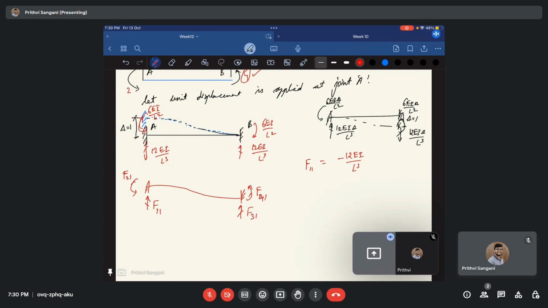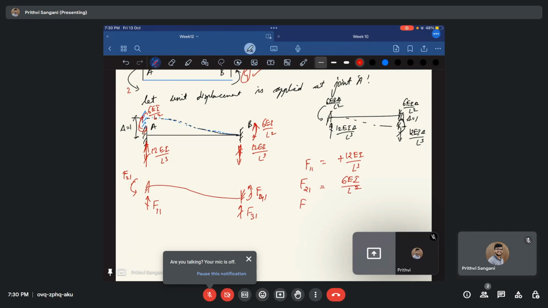This is in this direction and this is like this, so this will be positive and this will be downwards. And how much is F21? Is it positive again? 6 EI by L square.